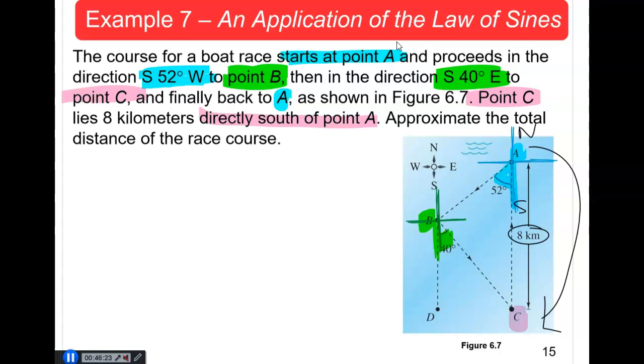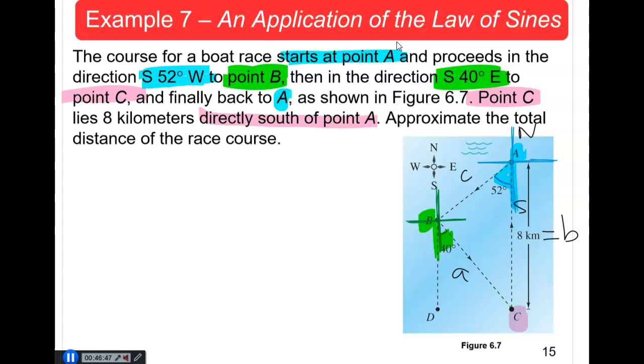So now let's go ahead and label our sides, and remember we must use the angles. So the side opposite to angle A will be here. The side opposite to angle B will be here, so that is the 80 kilometers, lowercase b, and then the side opposite to C will be here.